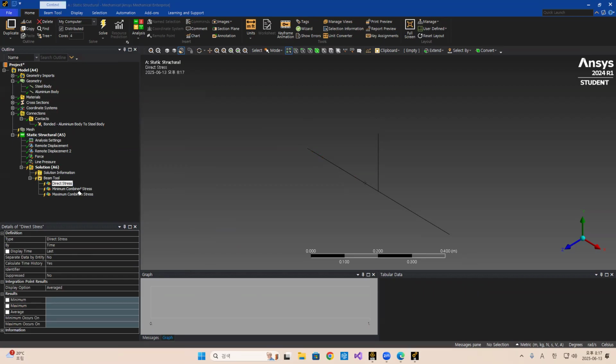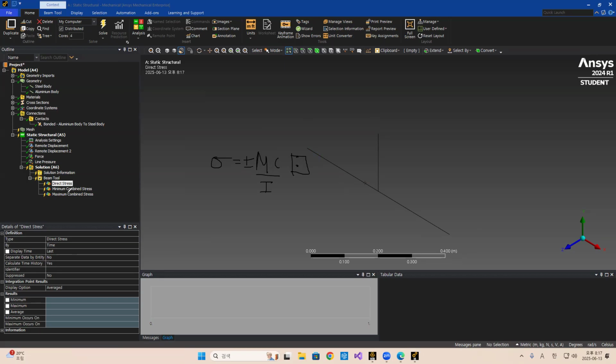Like we have a formula, right? Sigma is equal to plus or minus My by I, bending moment divided by I. Not the maximum bending moment, because along the bar we're calculating the bending moment at each point. The cross section is rectangular, y is the distance from the centroid to the outermost layer, and I is the moment of inertia.